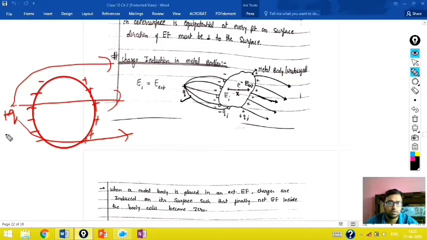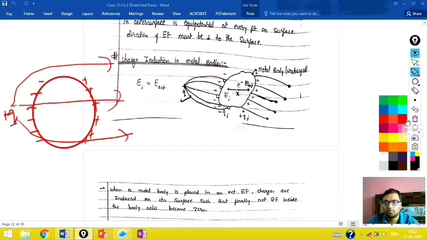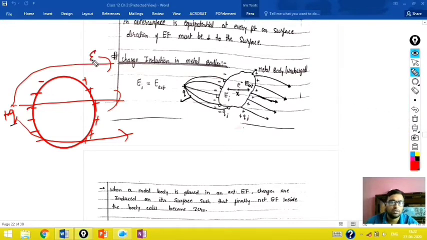This positive charge plus q I have mentioned over here, and due to this positive charge, induction will take place in this way. Here we have some external electric field. This is your E external, which is due to the plus q charge. So these positive ions will experience some force in the direction of the electric field.